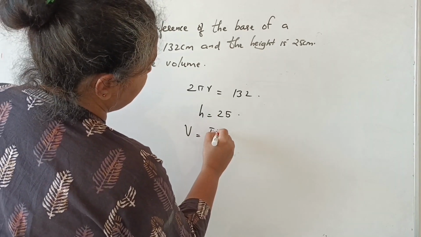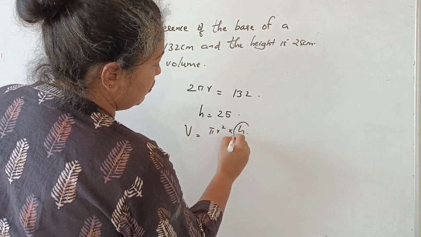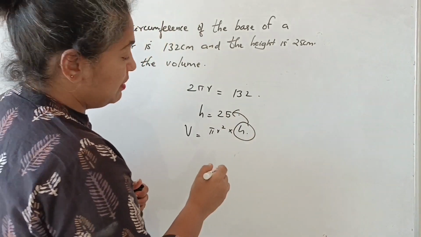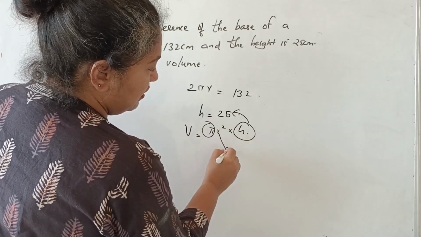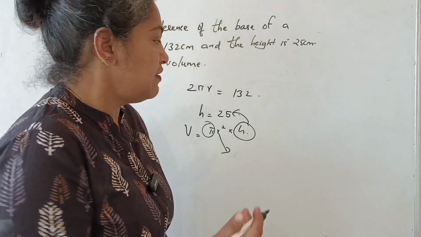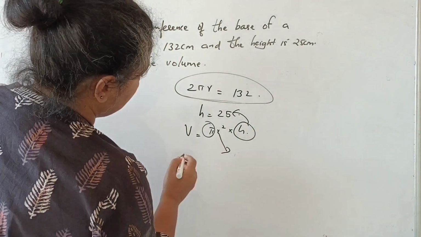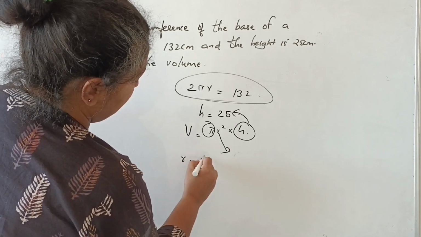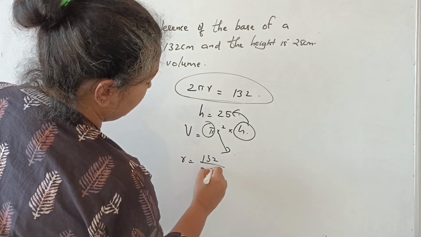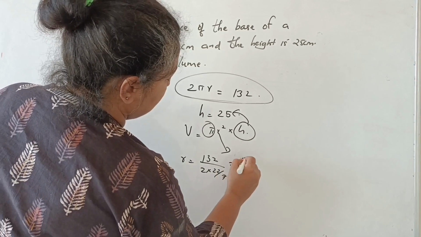Volume is given by pi r square into h. So I know the value of h, which is 25 centimeters. I know the value of pi. I am not aware of the value of radius, so I can find the value of radius from 132. So what do I get? I will get r is equal to 132 by 2 into 22 by 7.